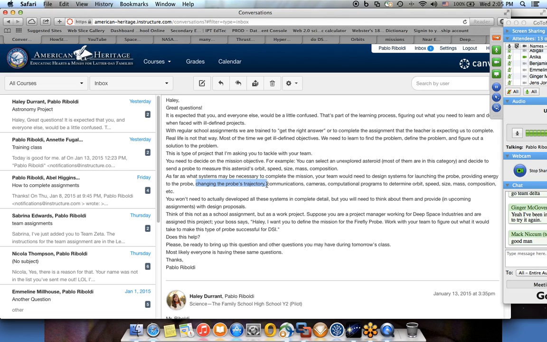How are you going to manage or change the probe's trajectory? How are you going to communicate with the probe? Are you going to have cameras? How are you going to determine the orbit, speed, size, mass, composition of an asteroid, and so on? All those things are systems. They are particular parts of the project that you need to figure out.